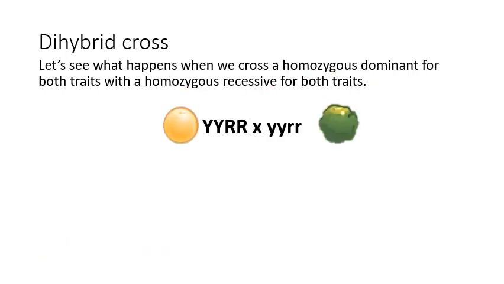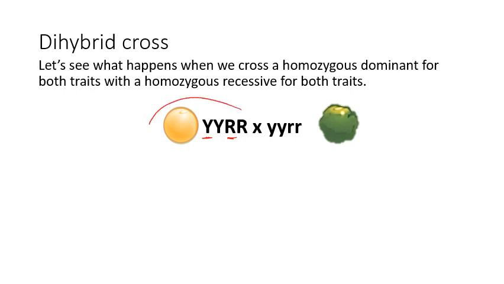If we then cross those individuals, so thinking about what alleles they can pass on to future generations, we can see that our yellow smooth pea, the only possibility that it can pass on to its future offspring is a capital Y for the pea color and a capital R for the pea texture.